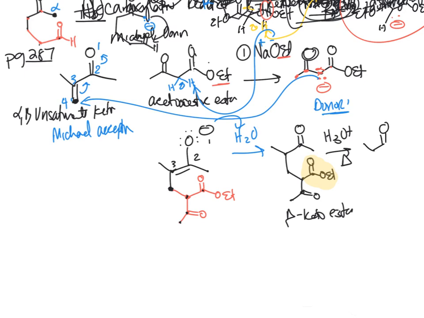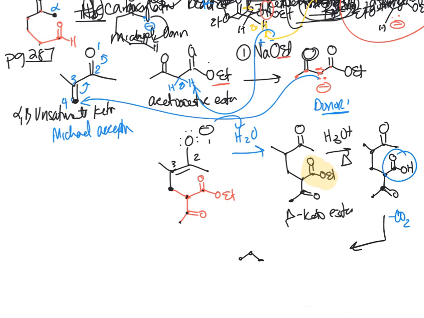I will first show the hydrolysis to the carboxylic acid. Okay, I'm also going to check carbons. 1, 2, 3, 4. Okay, and then this decarboxylates, minus CO2, and then we can redraw that.